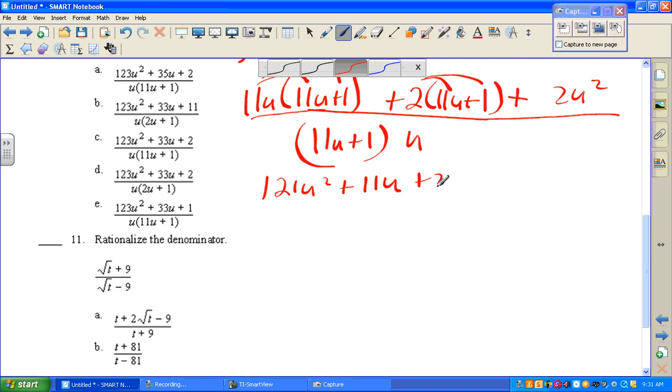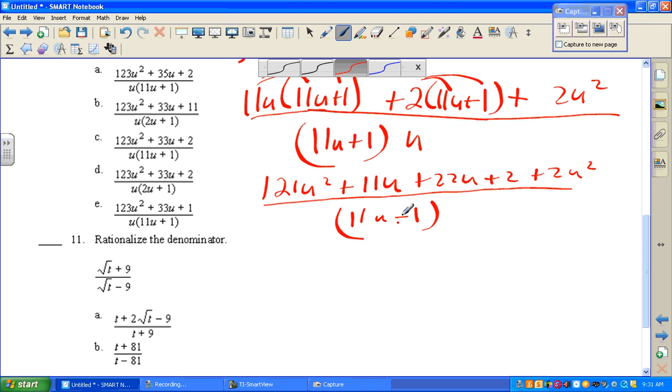This one is plus 22u plus 2 plus 2u squared all over 11u plus 1 times u. That's pretty obvious which one's going to be the right answer, doesn't it? Which one did you come up with, Austin?